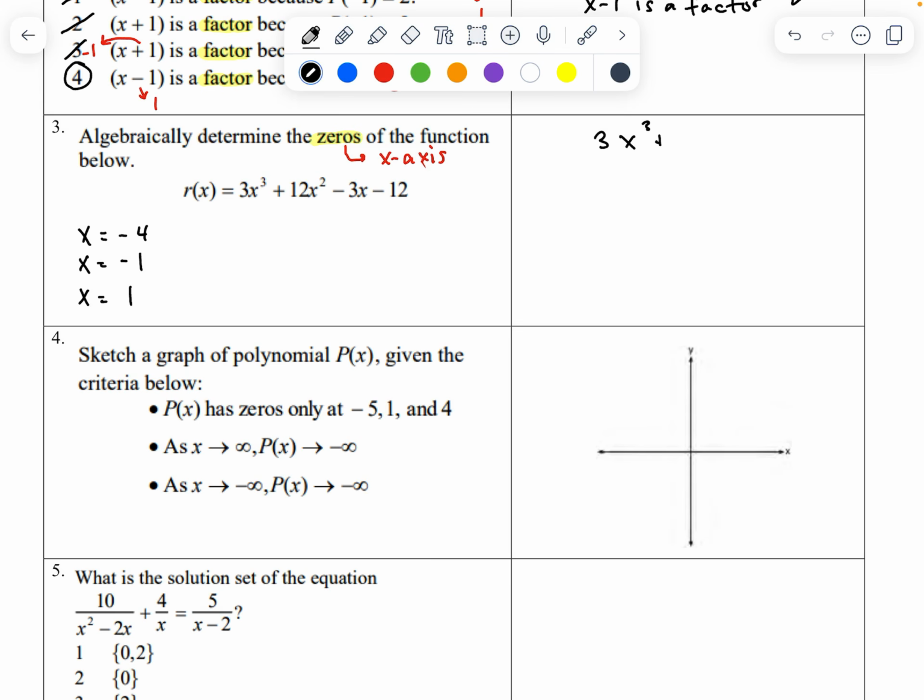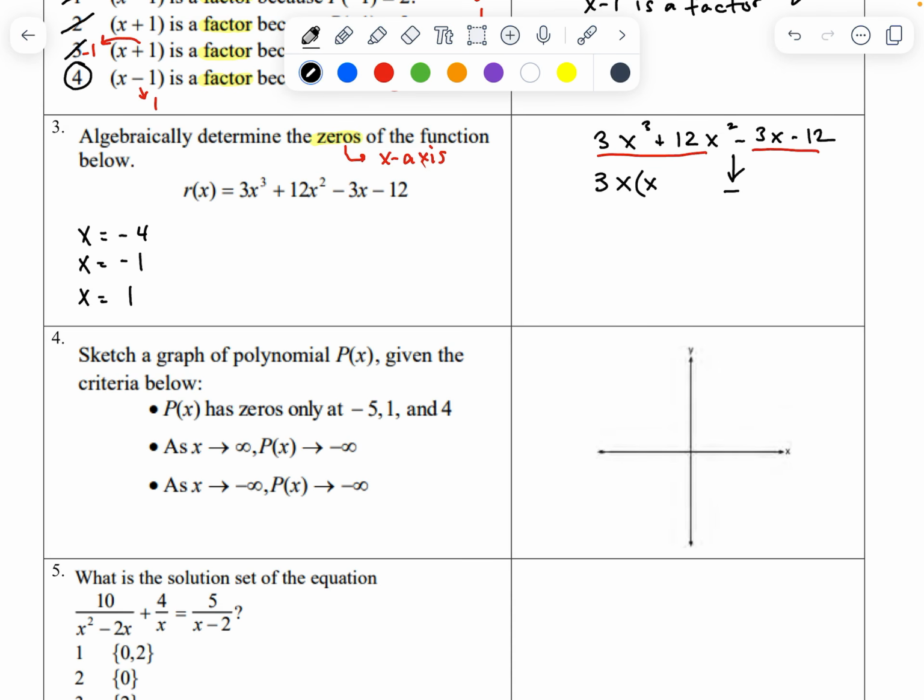Well, this is the split method because I have 4 terms, and whenever you have the split method, that middle sign is always going to drop down. Then you're looking for what's in common on the left side and on the right side. I notice I have a 3 and an x in common on the left side.